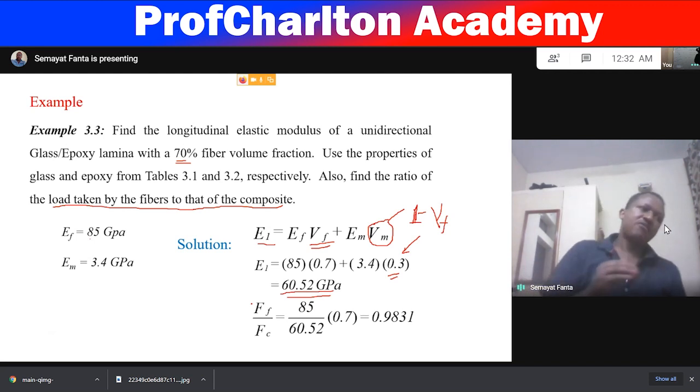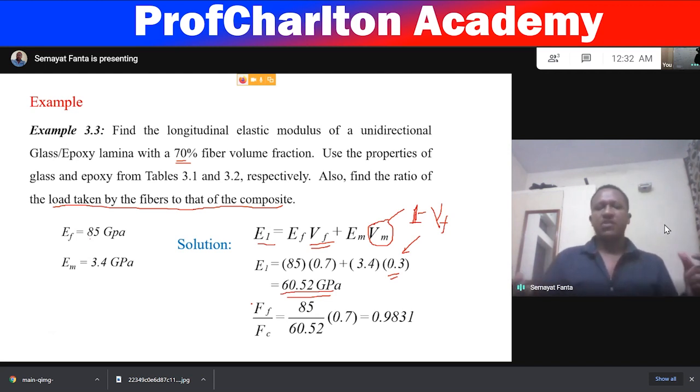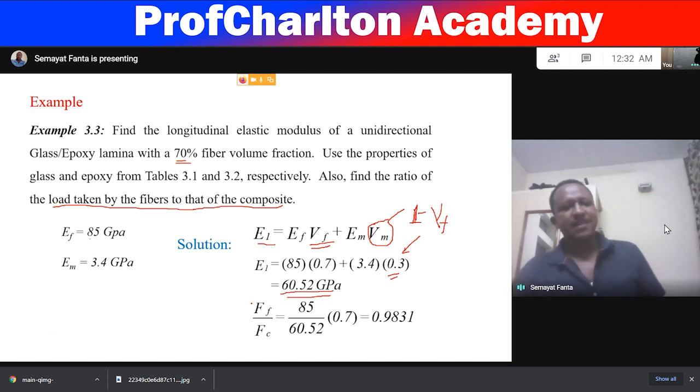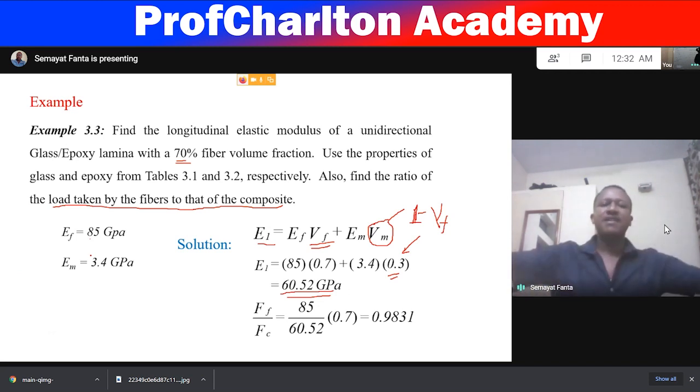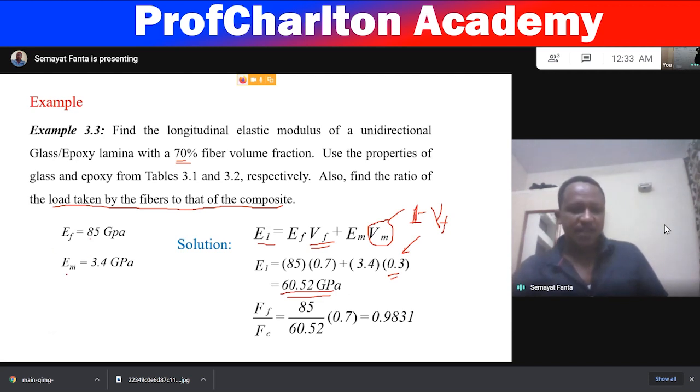Okay, 0.3. So that 60.52 is E1. One thing we must know here is what E1 is and what EF is. E1 is the homogenized material property which comes from the fiber and matrix combination. But EF is the Young's modulus of the material in the fiber direction only, that is, of the fiber only. And the Young's modulus of the material in the matrix is this. So in between them, this material property is obtained from the two, EF and EM.